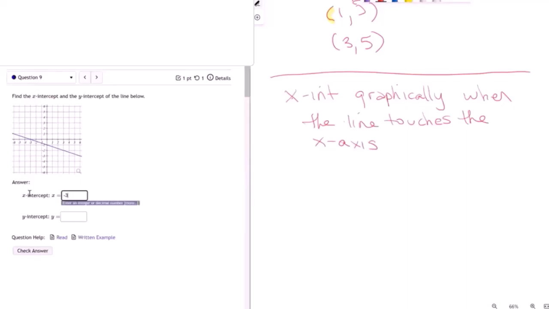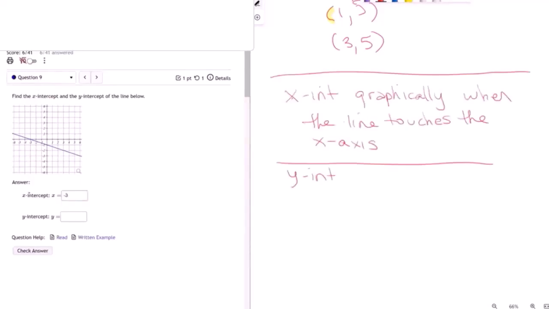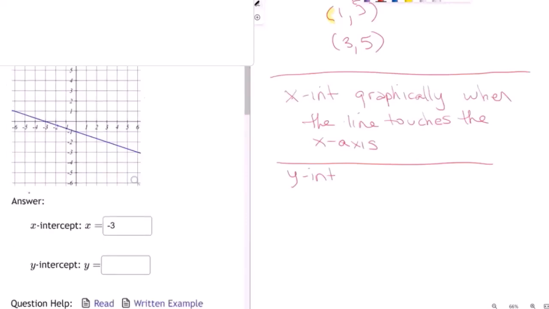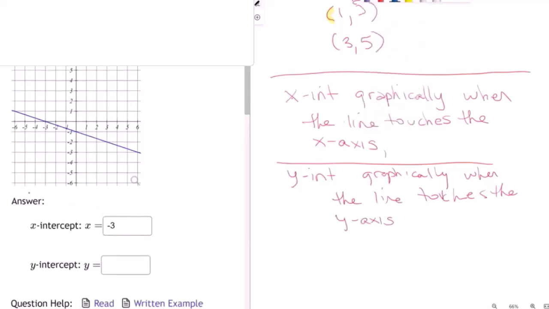Exactly. And the y-intercept, it looks like -1. The y-intercept graphically is when the line touches the y-axis.